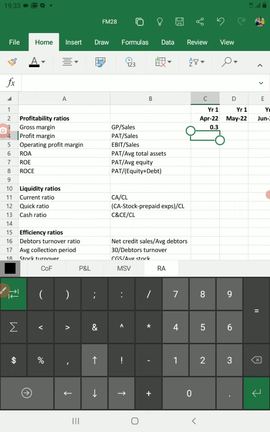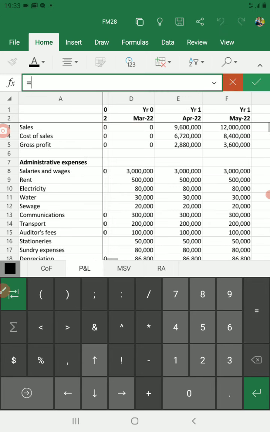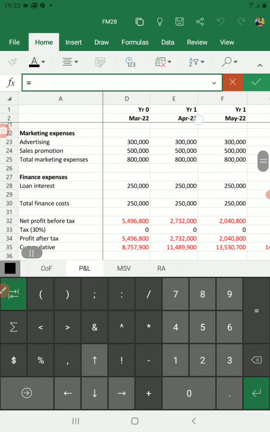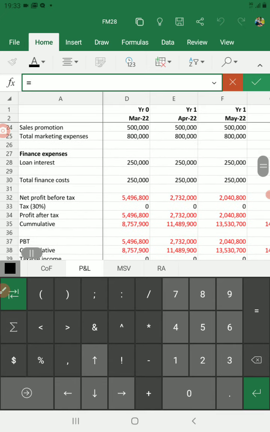So we have that, and then profit margin, this is profit after tax divided by sales. Again, start with equal sign, go to our P&L sheet on monthly basis, and then profit after tax is here, the figure is here, net profit after tax, which is here.